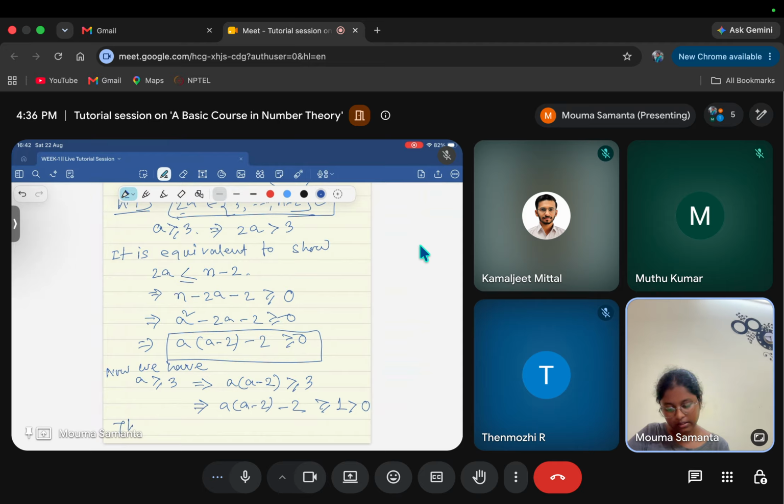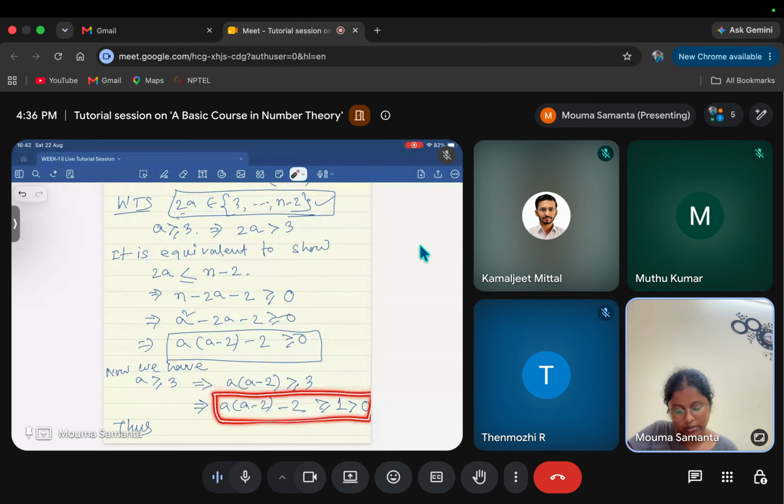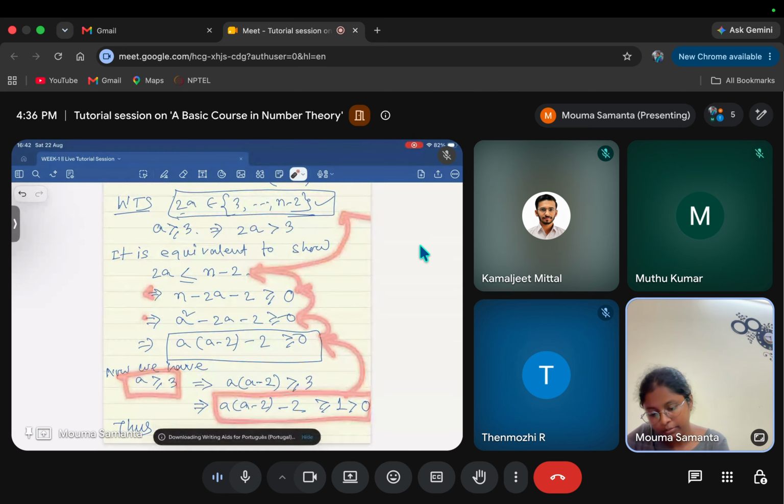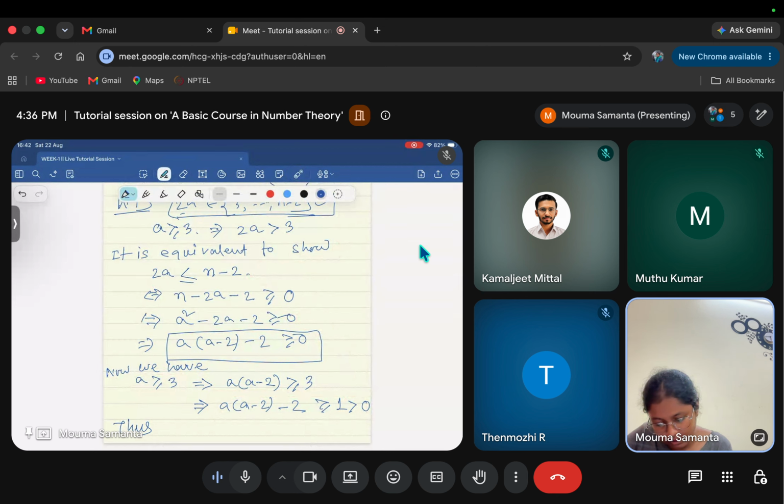Thus, since we are getting this conclusion from the given condition a greater than or equal to 3, from here we can go here, then here, then here, because this is actually an if and only if condition, right?